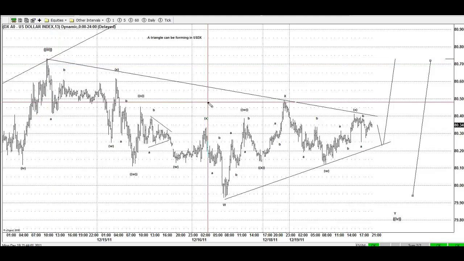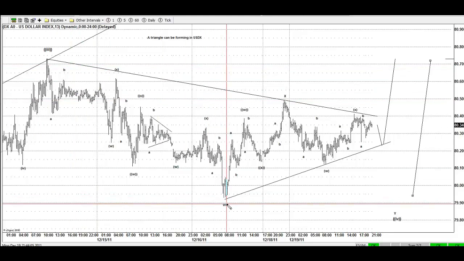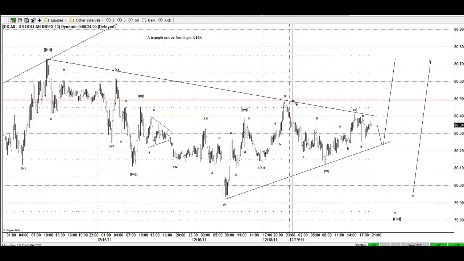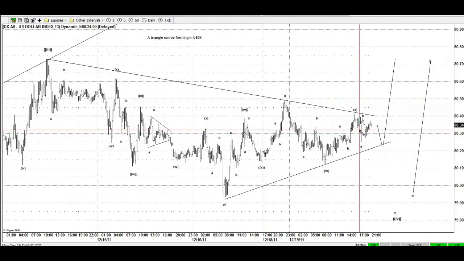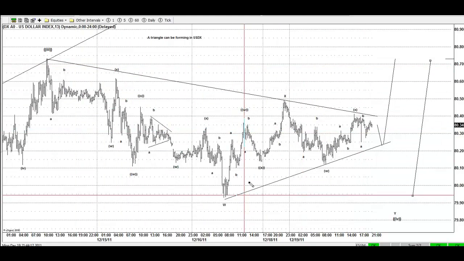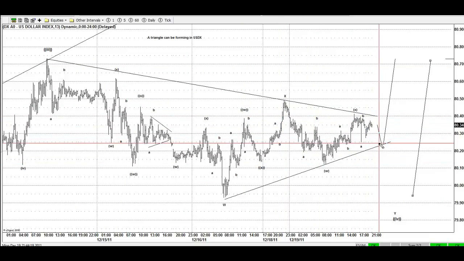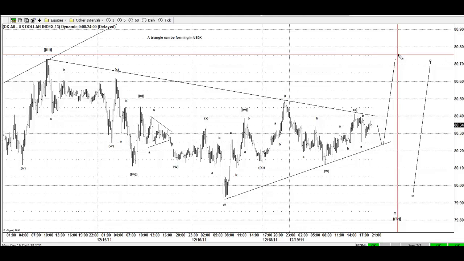Now, which way do we have? Like I said, we have a cycle diameter here, another diameter here, another diameter here. So this can be a contracting triangle. First case, this can be a contracting triangle where we have A, B, C, D working into E to test the trend line, and then higher. That's going to be the faster resolution to this whole issue.